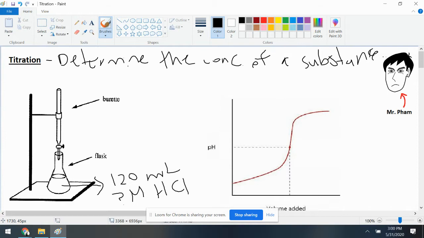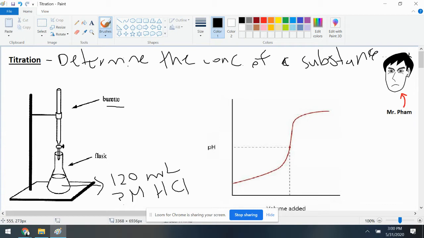There are several pieces of equipment that we can use to carry out titration, and we're going to be using something called a burette. A burette is a long glass tube, and you fill this burette with a solution and use it to slowly add that solution to your unknown.